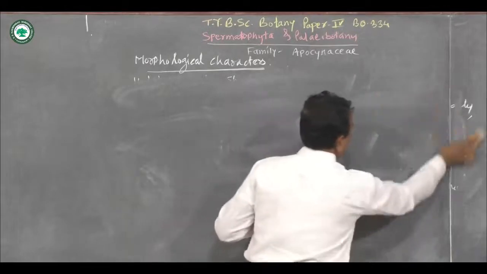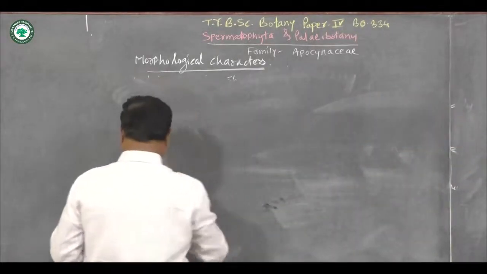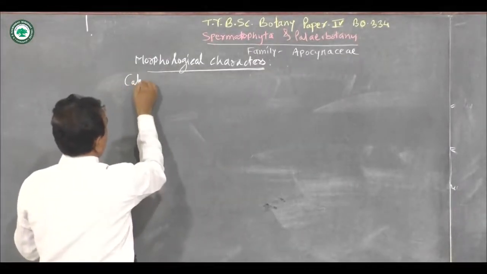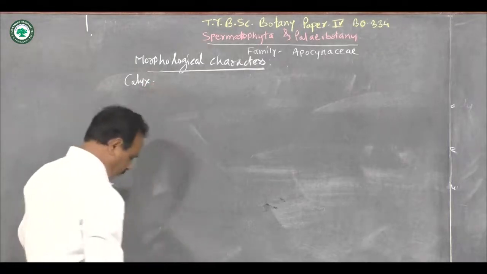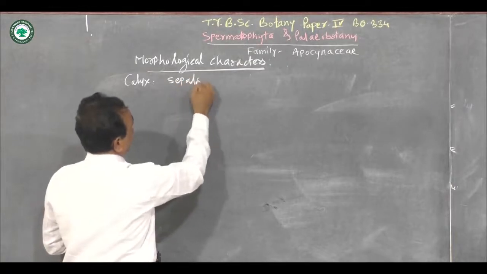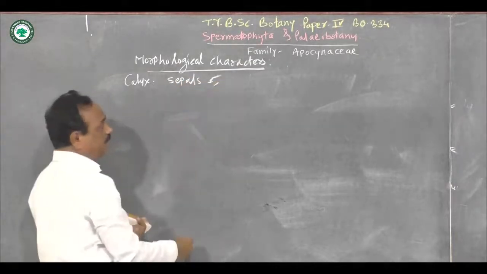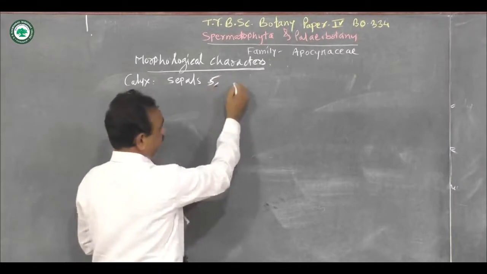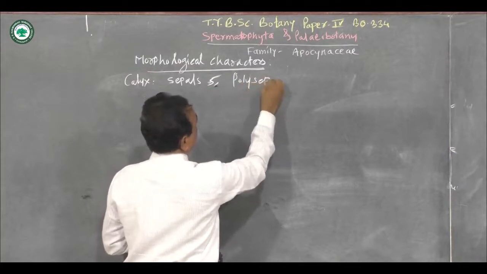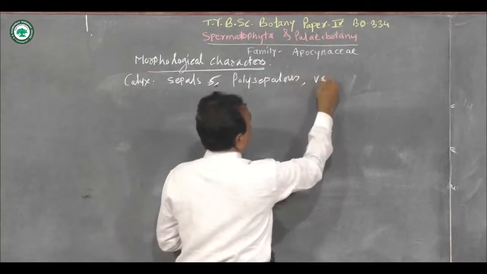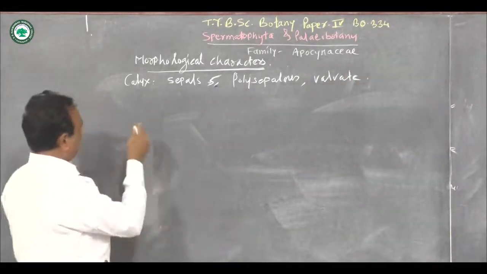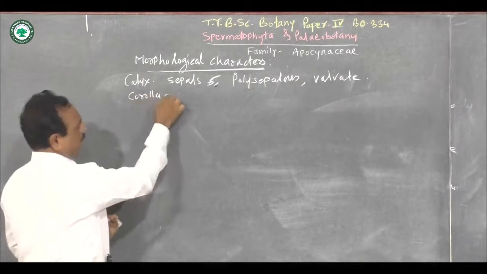If we see the floral parts, first the calyx. It shows the presence of 5 sepals. These sepals are free, so called polysepalous, and present in valvate aestivation. Then the corolla.